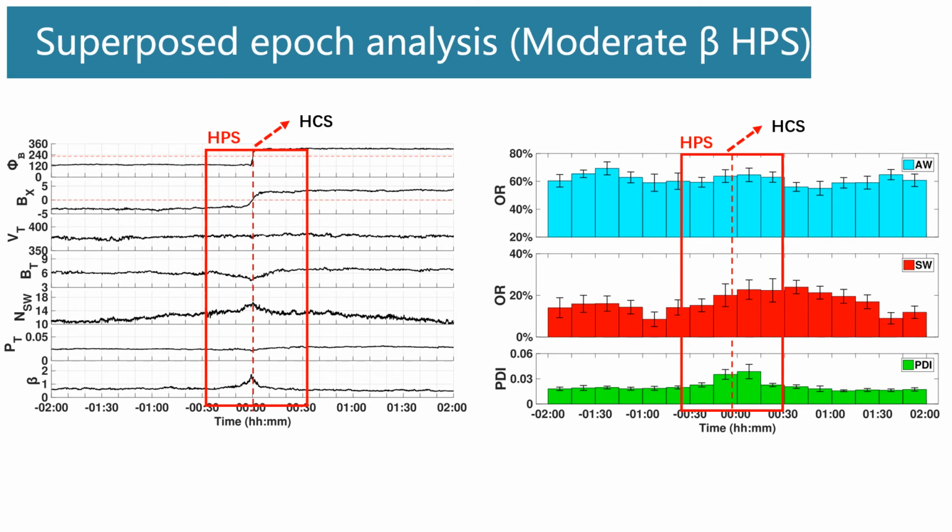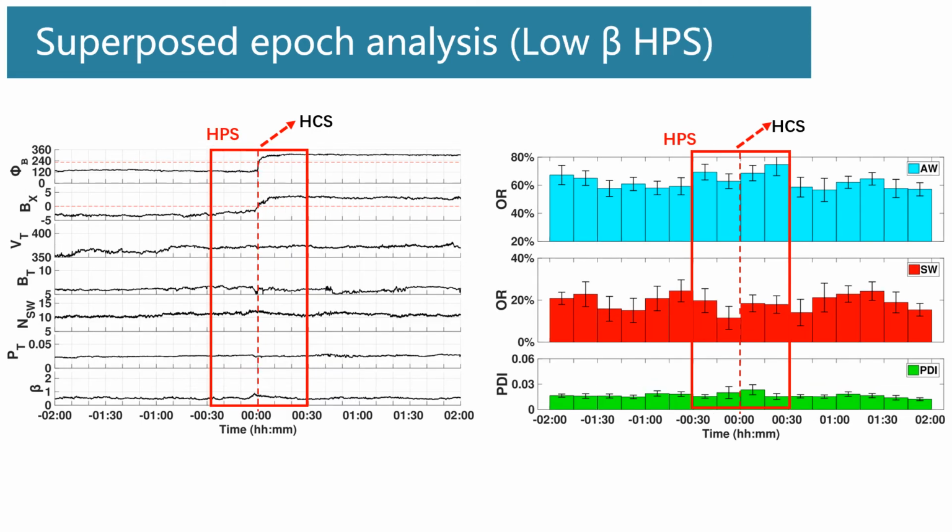These results are in agreement with the simulation result obtained by Malara. For low beta HPS situation, no obvious regularity can be clearly found for the occurrence rate of Alfvén waves and slow waves, in spite of some small irregular fluctuations.